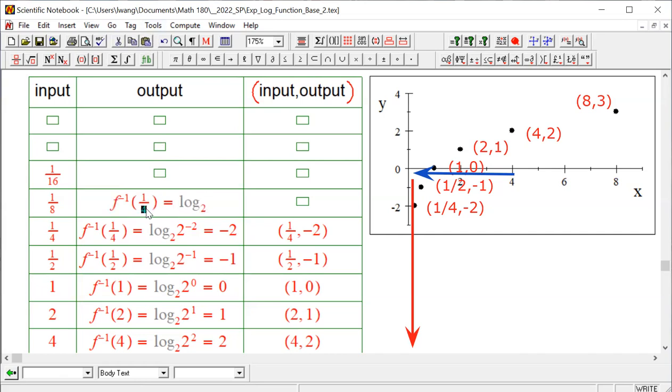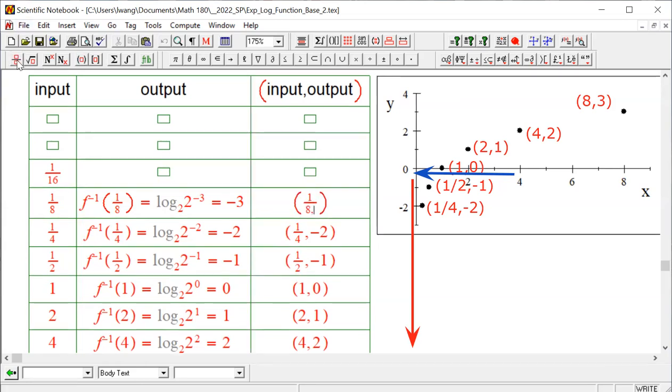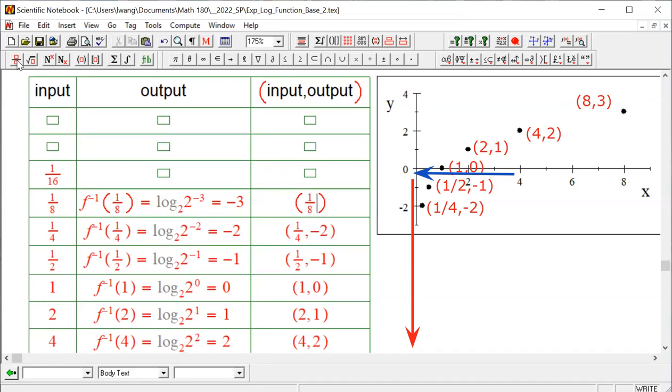When the input is 1/8, right? So this is 1/8. 1/8 is 2 to the power of -3. So the output is -3. And the point is going to be 1/8 is the input, and the output is -3.